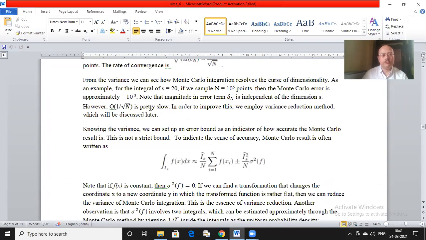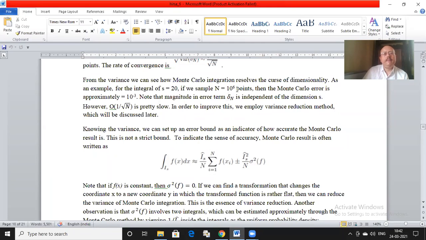So far, so good. One point here is that from the variance expression, we can see how Monte Carlo integration resolves the curse of dimensionality. For instance, if I have s equal to 20 and we sample 10 to the power 6 points rather than 10 to the power 20 points, because earlier we started out with that, then the error will be approximately of the order of 10 to the power minus 3.